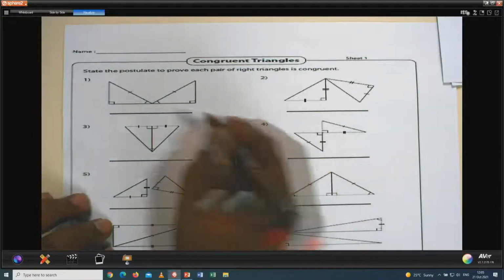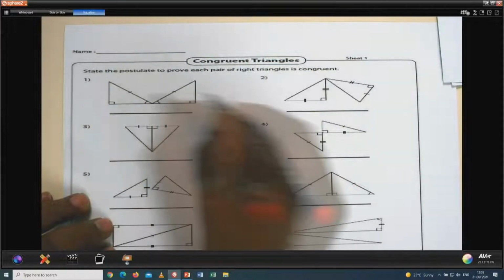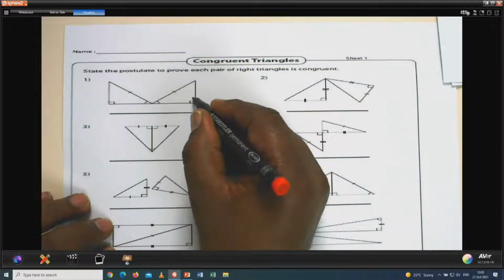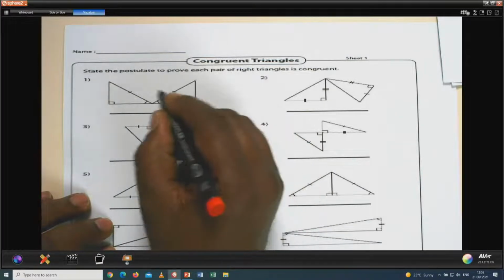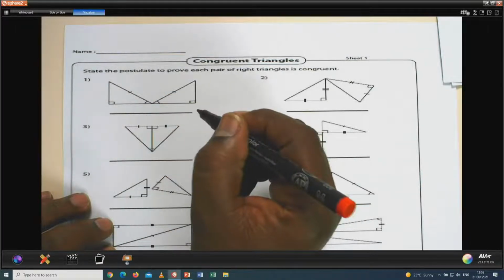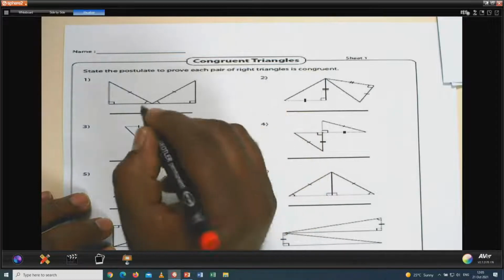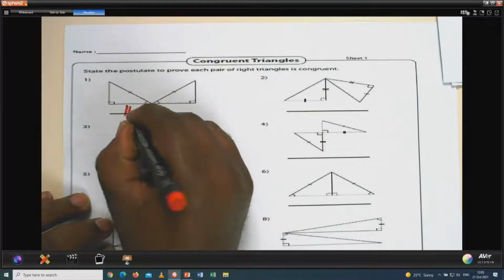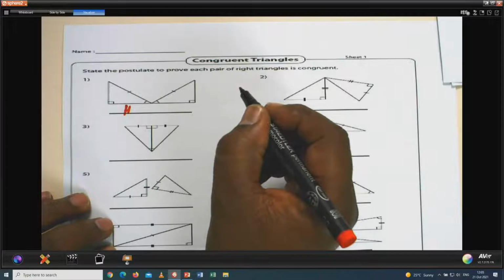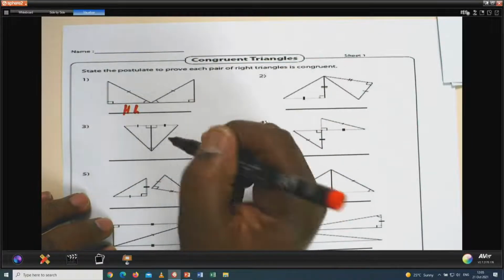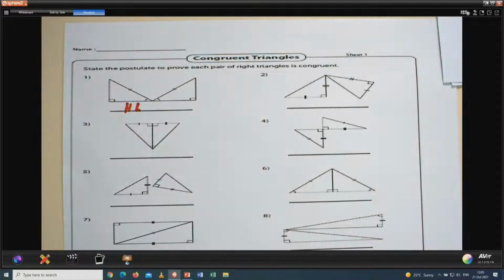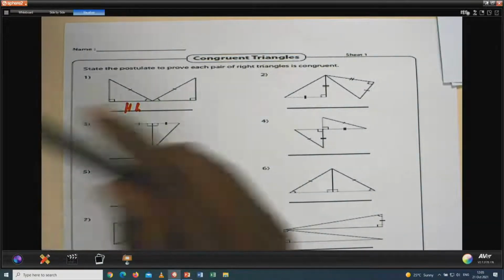Can we all agree this is 90 degrees? What does that mean? It means you've got a hypotenuse, and then you've got a hypotenuse equal. Already your 90 degrees angle. Therefore, with those 2 things, it suffices.